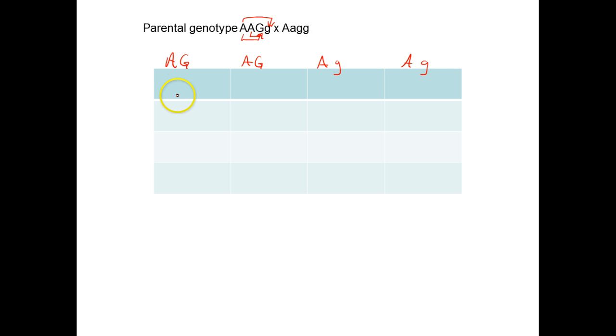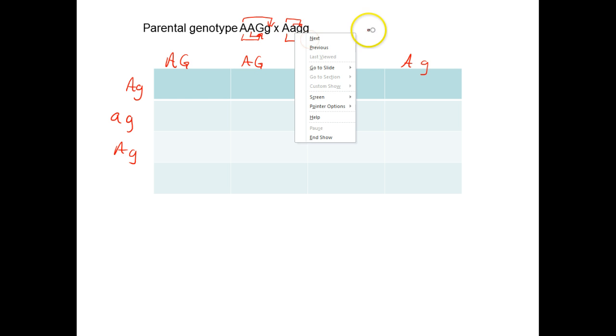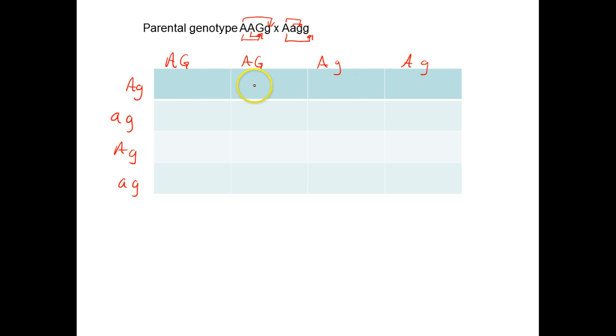Okay, so that's one parent on one side. Now I'm going to do the same thing with the second parent. First with the first, that's big A, small g, and then first with the first, small a, small g, and now the first with the second, big A, small g, and then the second with the second, which is small a, small g. And then I'm going to bring this all across.